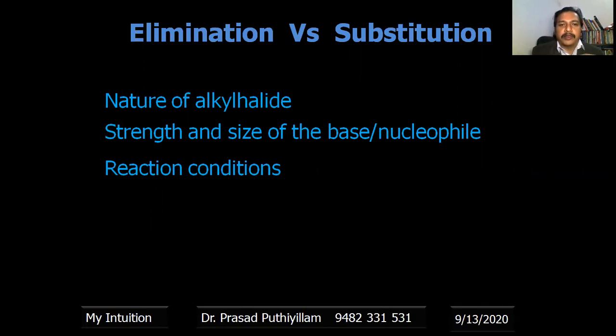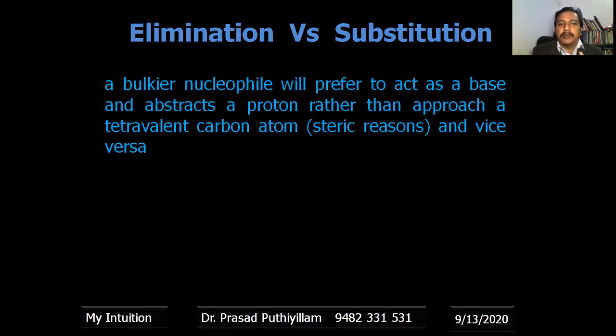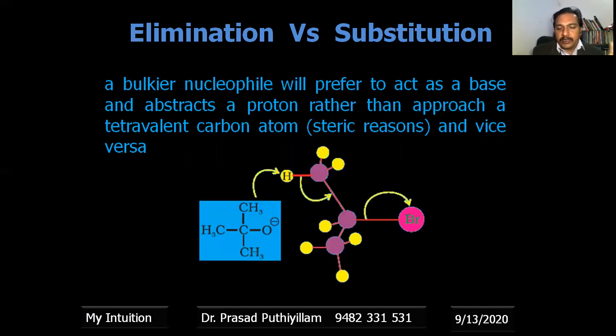A bulkier nucleophile will prefer to act as a base and abstract a proton rather than approach a tetravalent carbon, for steric reasons. Again it depends: a strong nucleophile, a strong base, a strong nucleophile, a weak base, all those differences are there.